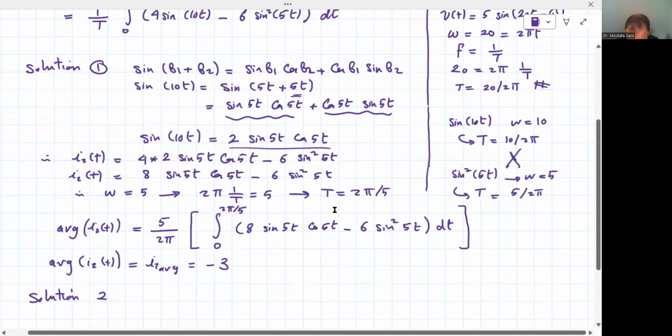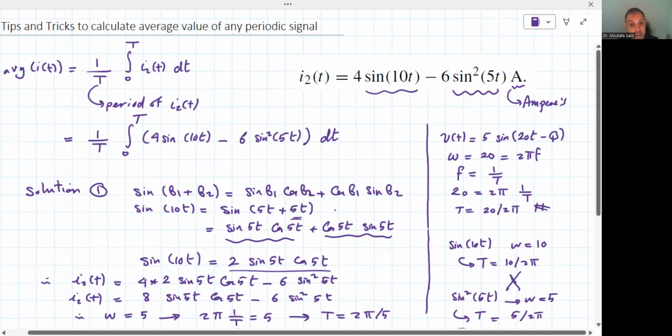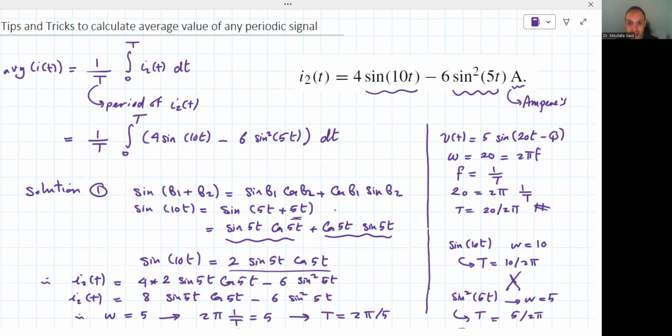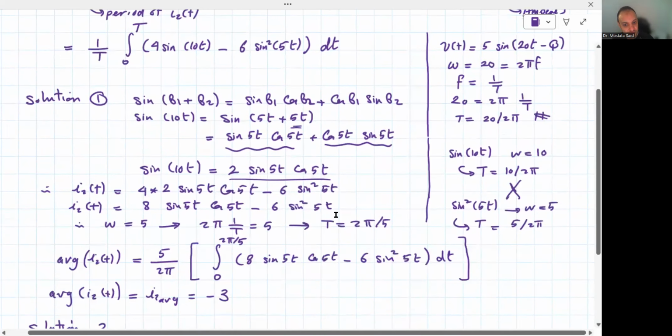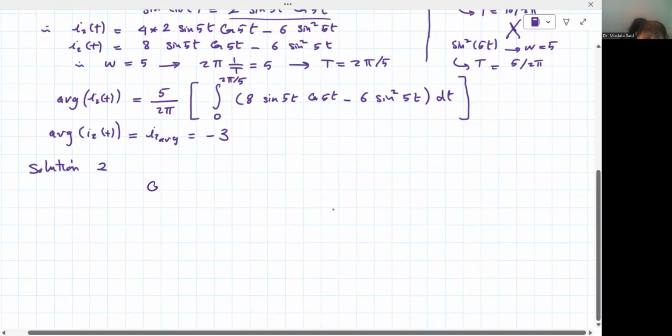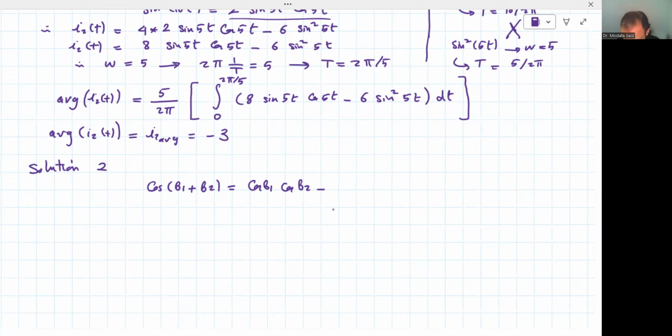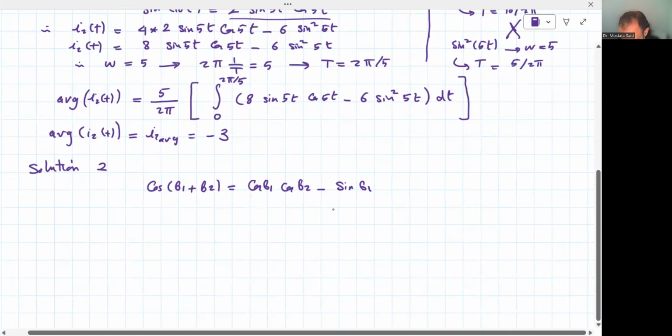In the first solution, we looked at sine theta 1 plus theta 2. We're going to look at something very similar, but now it's cosine. We know another equality: cosine theta 1 plus theta 2 is equal to cosine theta 1 cosine theta 2 minus, it's always the opposite, sine theta 1 sine theta 2.